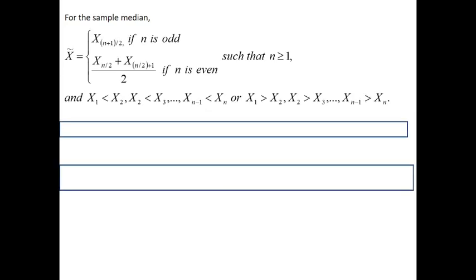Now for the sample median, here's the formula: x of (n plus 1) over 2 if n is odd, and x of n over 2 plus x of (n over 2 plus 1), all over 2, if n is even. So let's consider finding the sample median.